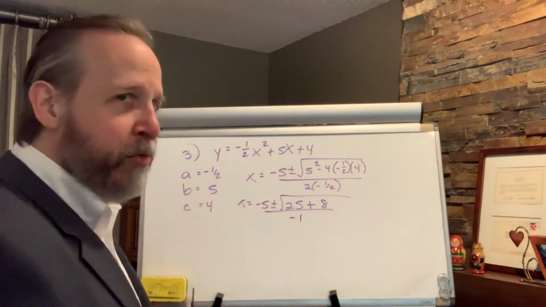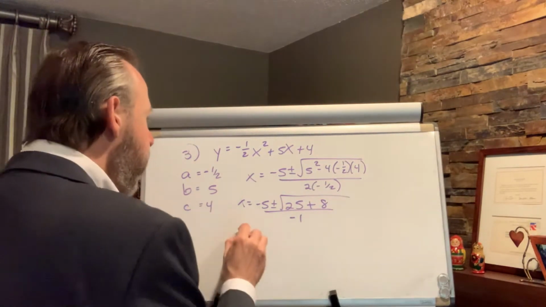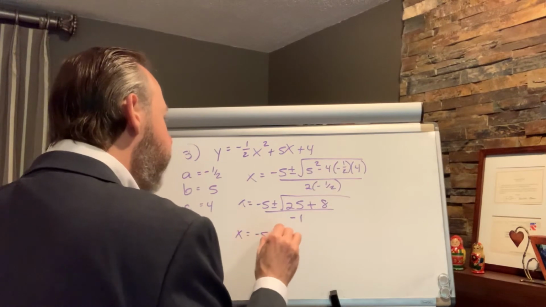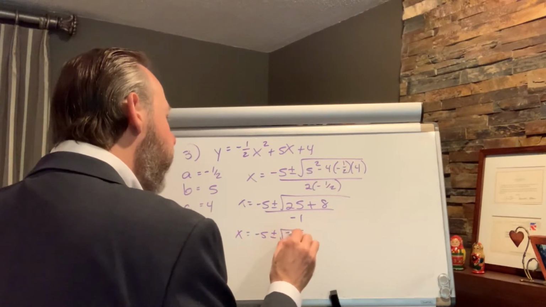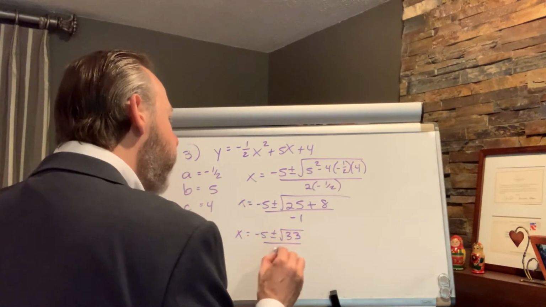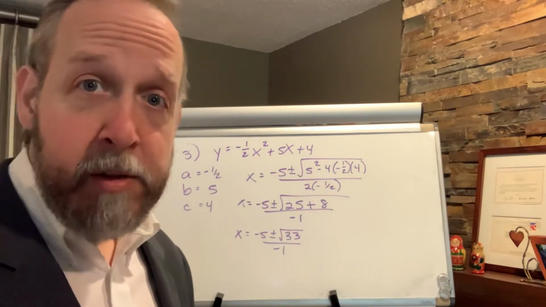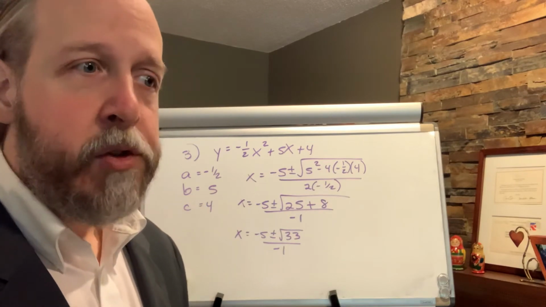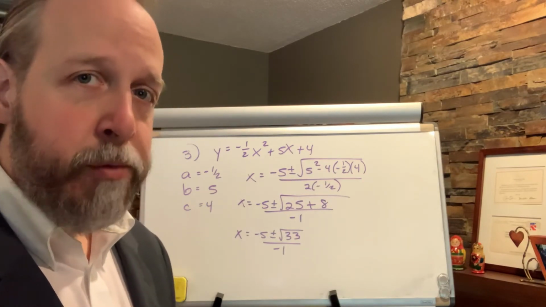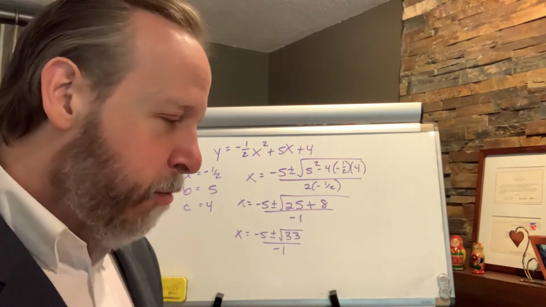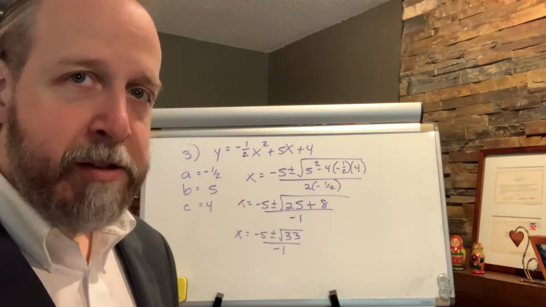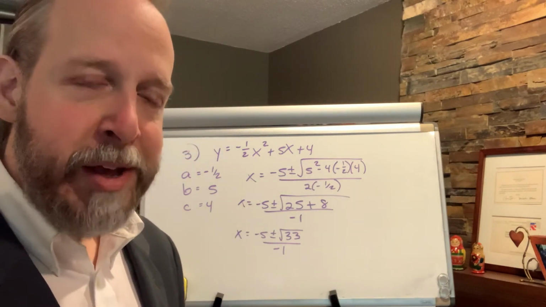That's what 2 times -1/2 is. So we have -5 plus or minus the square root of 33 over -1. Now 33 is not a perfect square. You can solve it. You will have to solve it. Just use a calculator to find the square root of 33, and then round to an appropriate number of decimal places. Usually 2 places is sufficient.